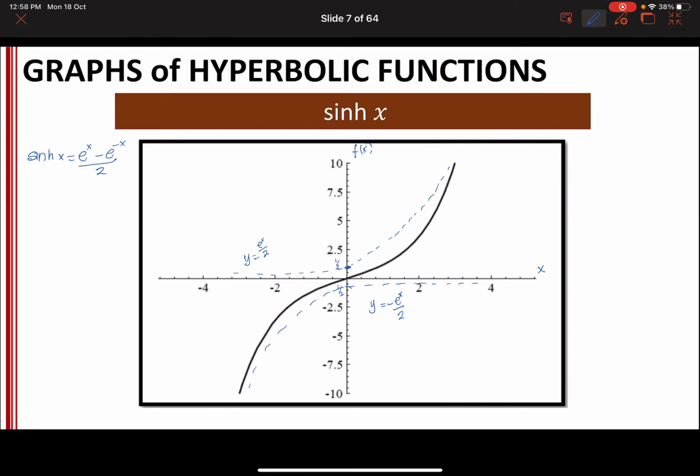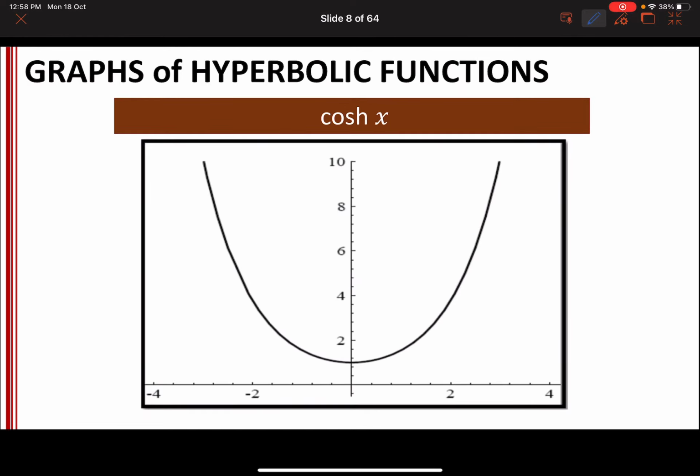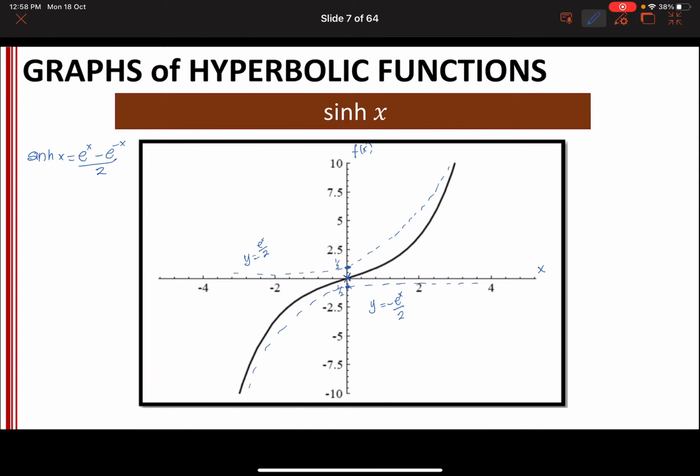At x equal to 0, e^x over 2 is 1 over 2, and negative e^(-x) over 2 is negative 1 over 2. So that's why we get the graph to be 0. Similarly with the other parts. From the graph, we can see that when x equals 0, sinh 0 is equal to 0.